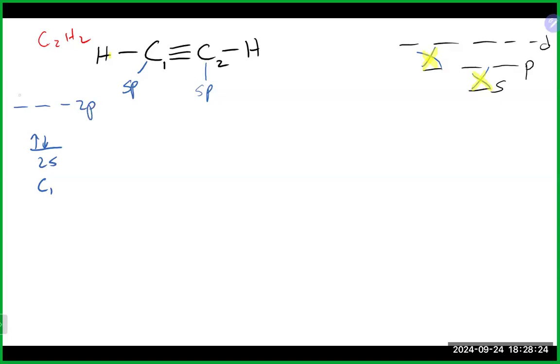We're going to get our promotion that's going to come up here to our empty spot, and that will then give us an electron in each of those along with our 2s electron. And since it's only going to hybridize in this case as sp, that means I really should only grab these two orbitals to go through hybridization. That's what S and P stands for. Two atomic orbitals are basically going to get hybridized.